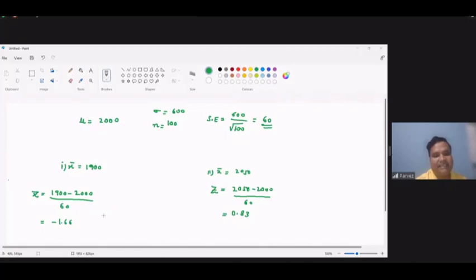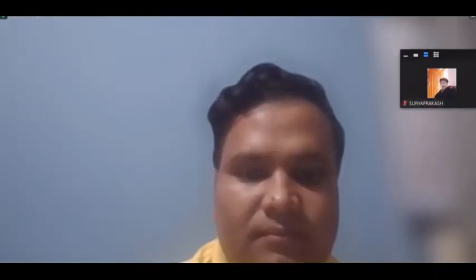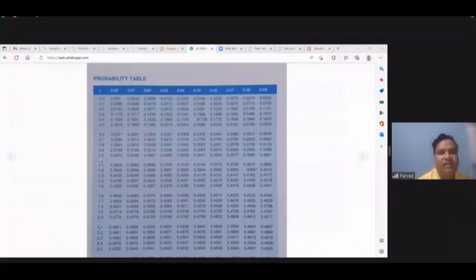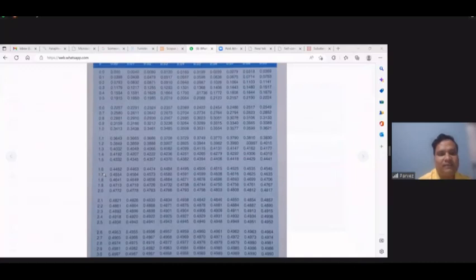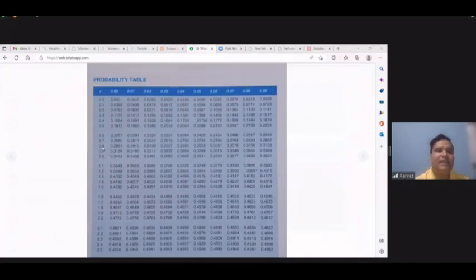This 1.66 you can write as 1.6 plus 0.06. If you look in the table, you can see 1.6 in the Z column.